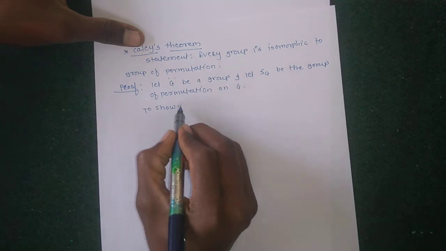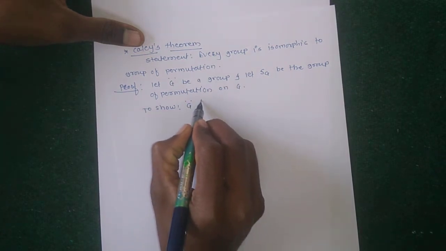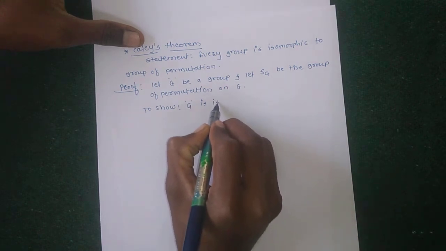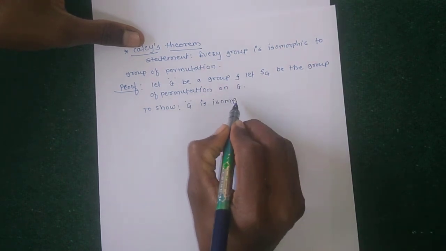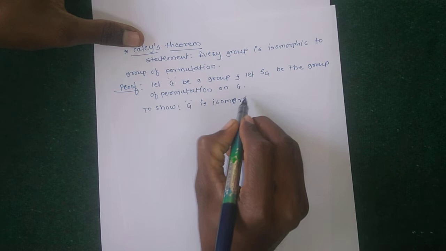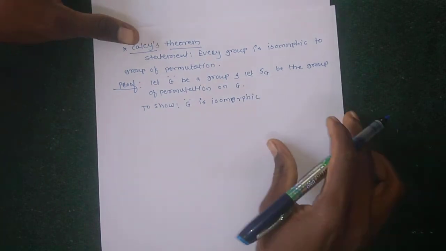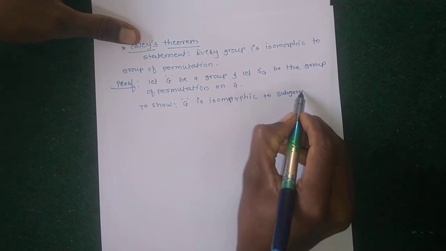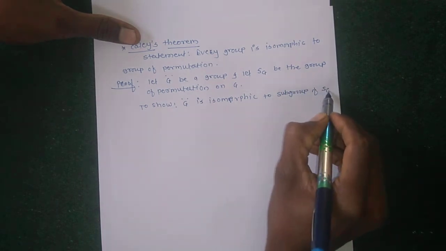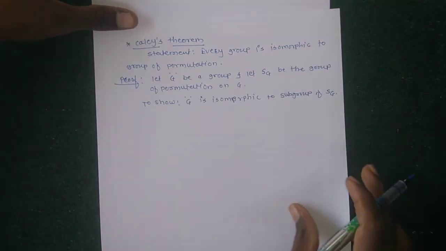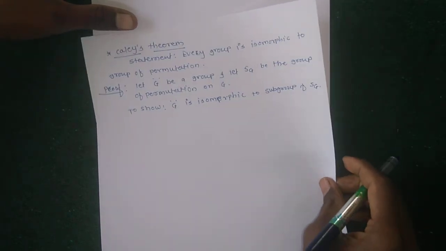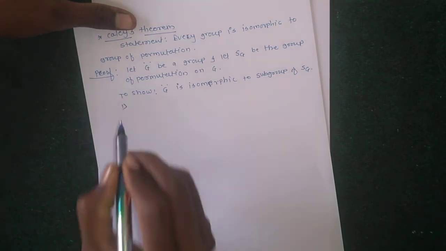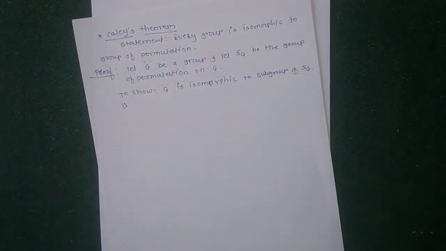Okay, that is, to show that G is isomorphic to a subgroup of S_G. Every group is isomorphic to a group of permutations.